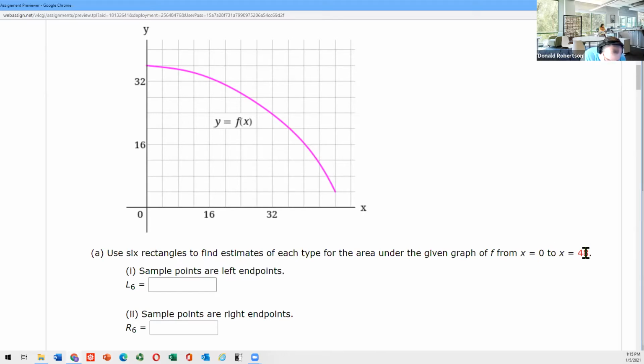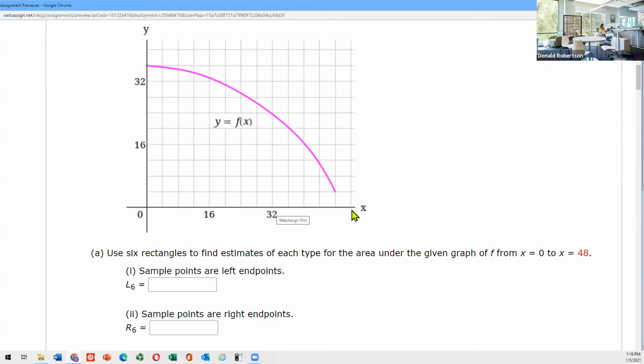So delta x is b take away a divided by n. 48 take away 0 divided by 6. And that ends up being 8. So we are going to go 0, 8, 16, 24, 32, 40, and 48.